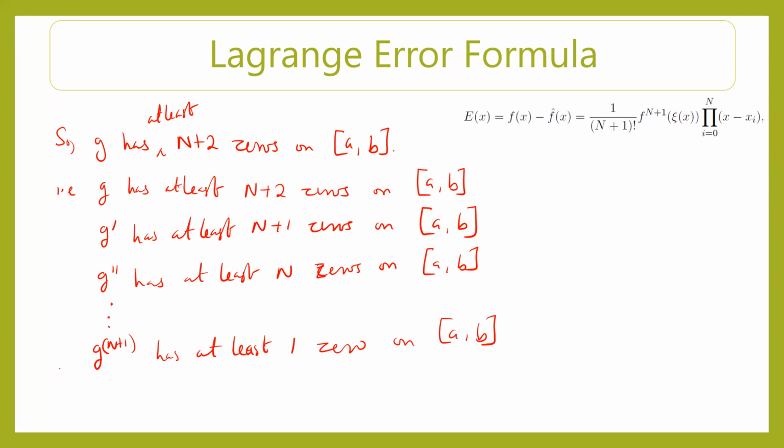What does this mean? It means that there is some number between a and b such that the derivative of g to the n plus 1 of that is 0. So let's say zeta is that guy.